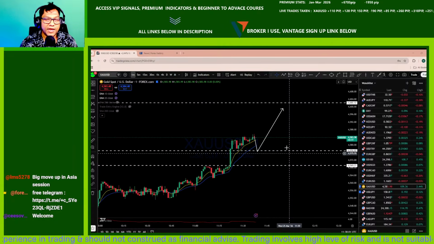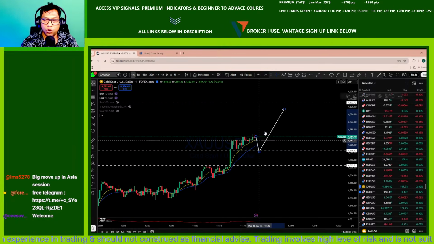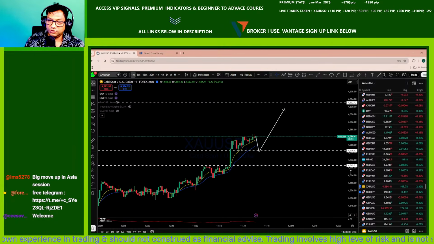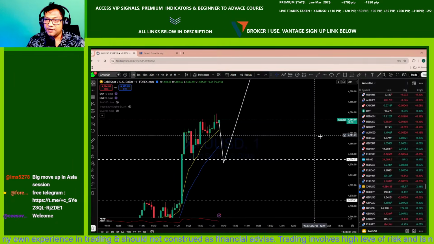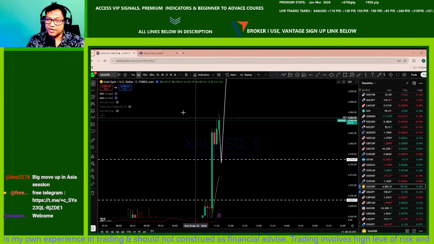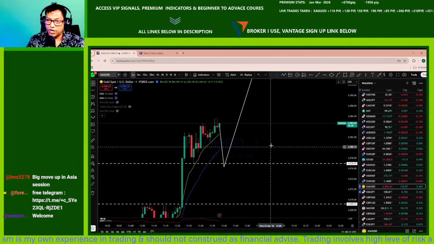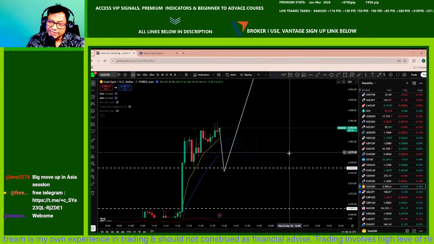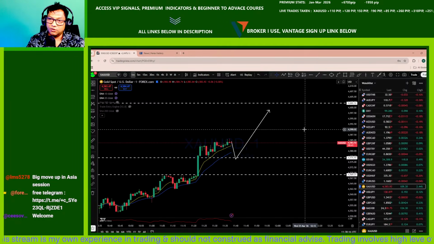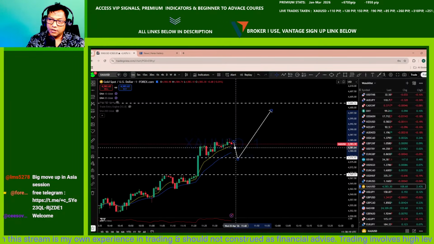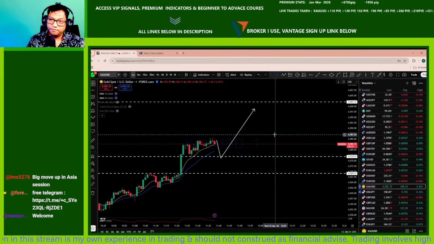Then you will be looking at entry. You want to see the trend line is broken, then you will be looking at that entry here. So that being said, we are looking at a trend entry at this key support level, and then we are looking at an entry opportunity here in this market.